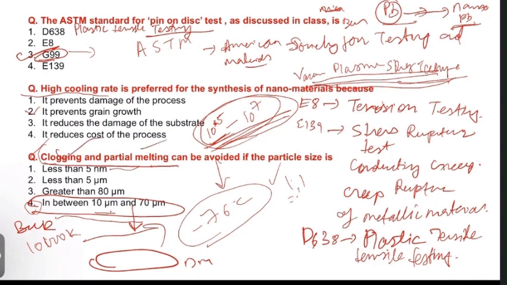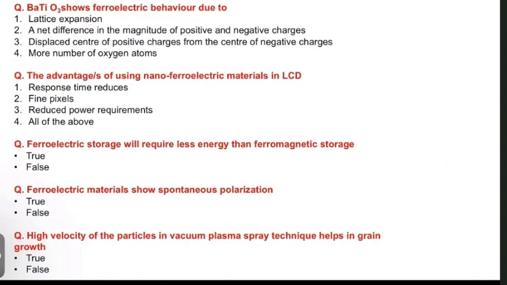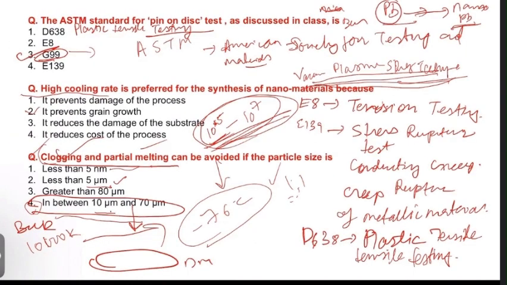If I use particle size less than 5 micrometer, it will block some regions of that system. And if I use particles larger than 70, like 80 micrometer, then in that fraction of time it will not partially melt, and the plasma which is created will not be uniform, and when it falls on that substrate or where it is getting collected, we will not get a uniform target.